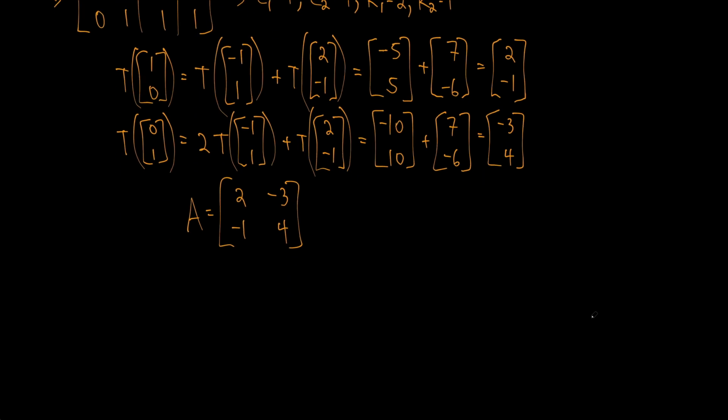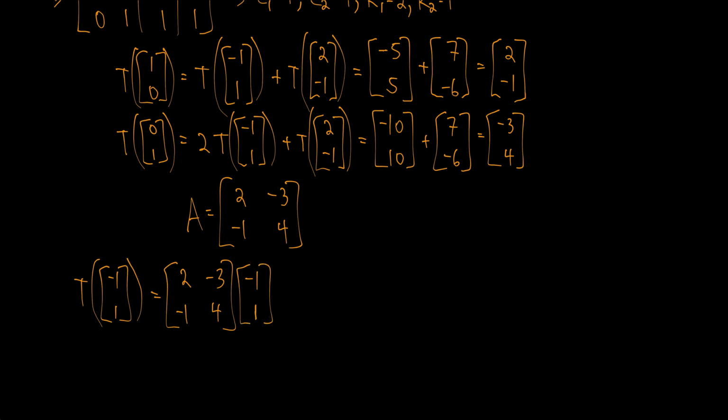So that means that, well, we could always just double check. T of minus 1, 1 should be the matrix 2, minus 3, minus 1, 4 times minus 1, 1 if we have the correct matrix for the transformation. And we get minus 5, 5.